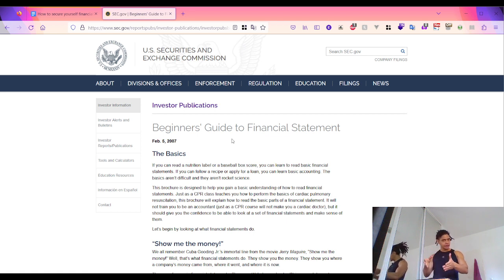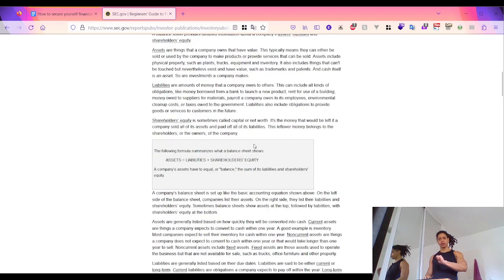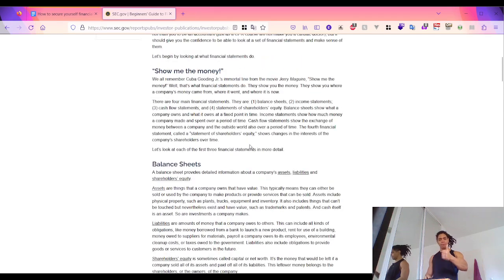In this beginner guide to financial statements, they only focus on the first three: balance sheets, income statement, as well as cash flow statement.